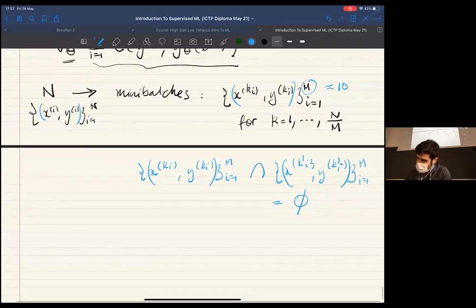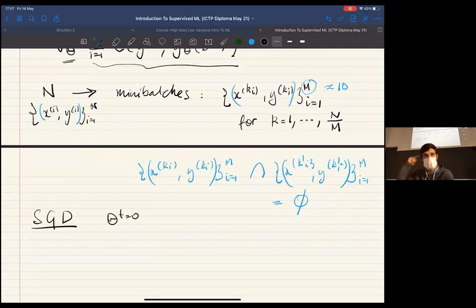Then the SGD rule is very simple. Again, you have an initial θ_0, and you loop over t.